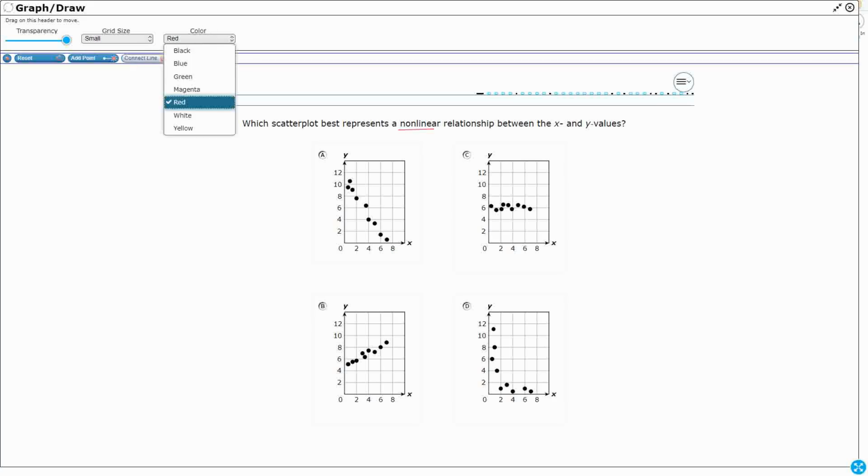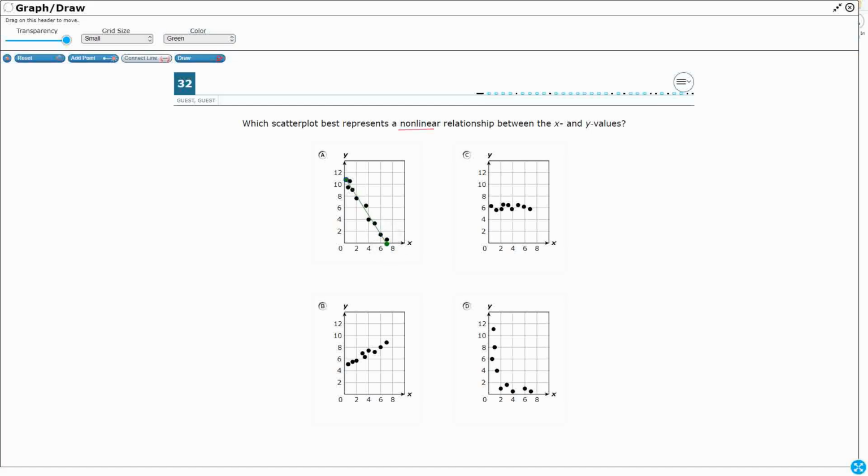I'm going to use the connect line feature, and I'm going to try to draw a line of best fit. It's not going to be perfect because it is a scatter plot, but if I were to try to get this line of best fit on A, it would sit right there, right in the middle of all of those points. So our y-intercept looks like it's about 11.